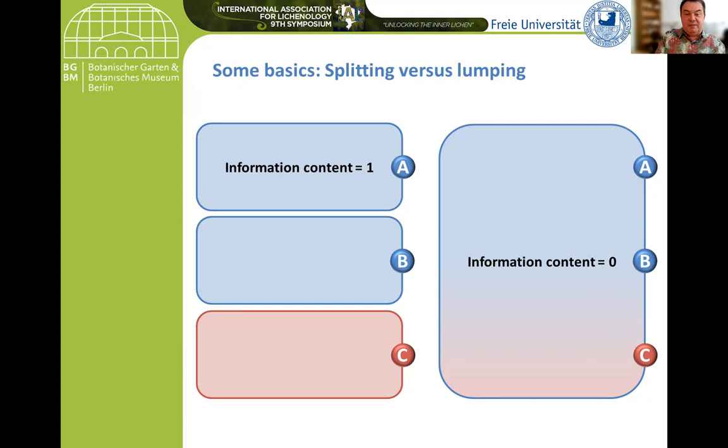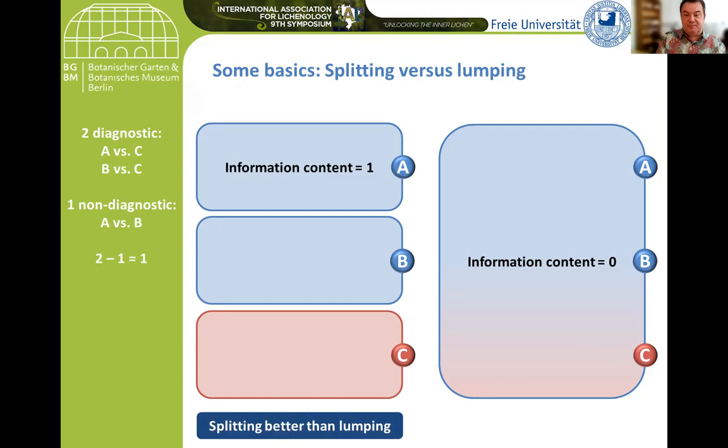So why would we have information content of 1 on the left side? It's very simple. You have 3 possible comparisons, A with B, A with C, and B with C, and 2 of these are diagnostic, A and B against C, and 1 is not diagnostic, A and B, so it's 2 minus 1 is 1. In this case, splitting would be better than lumping.